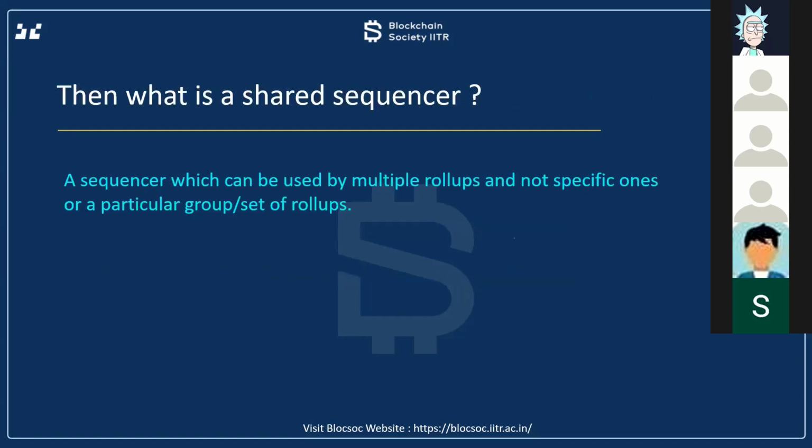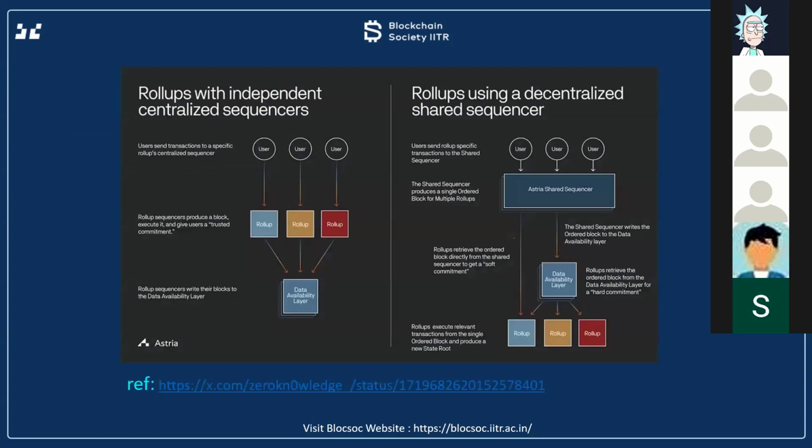And then what is a shared sequencer? That is where a sequencer can be used for multiple rollups, and not specific ones or a particular group of rollups that I discussed earlier. This is a nice diagram I found on Twitter, and you can get an overview from this.